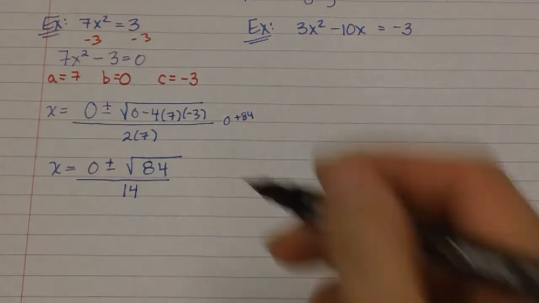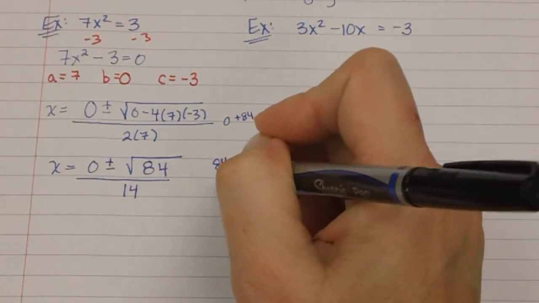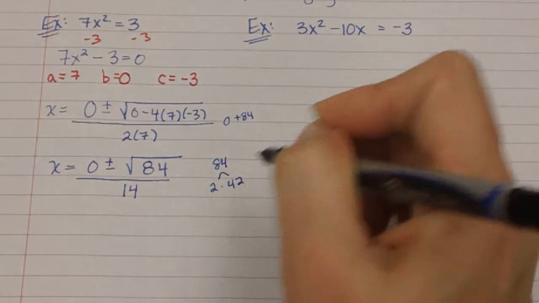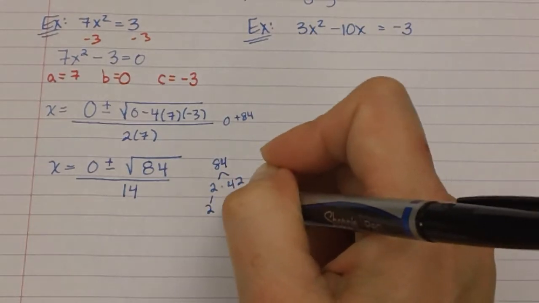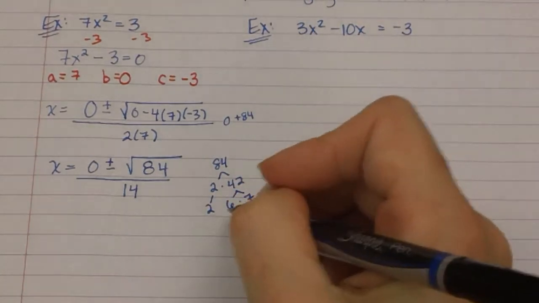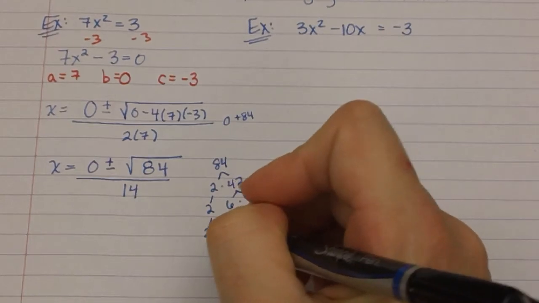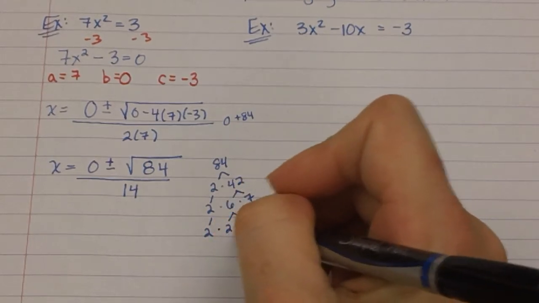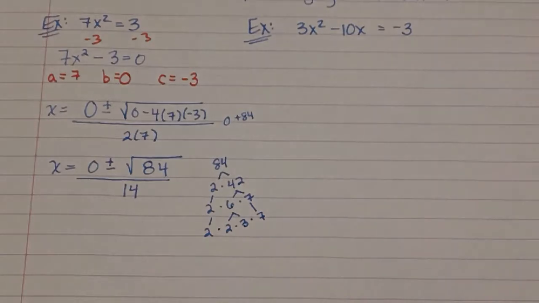We need to break down that 84. 84 could be 2 times 42. 42 is 6 times 7. 6 is 2 times 3, and then times 7.